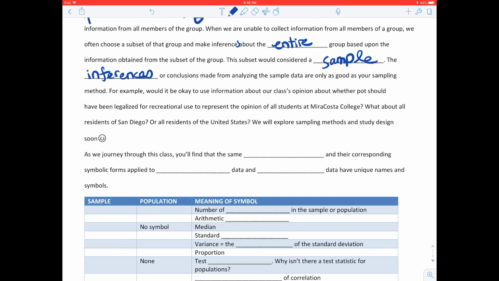But certainly, I don't think that your opinion, my 2 classes of online statistics opinion about whether marijuana should be legalized for recreational use would be representative of everyone in San Diego. Right? There's so many different people, working professionals, homeless folks, the spectrum, right? I don't think that a sampling of 2 online classes at a community college would be representative, because you're going to school.